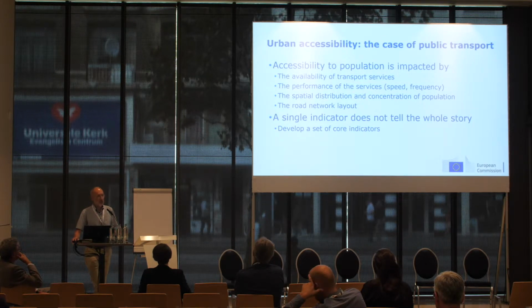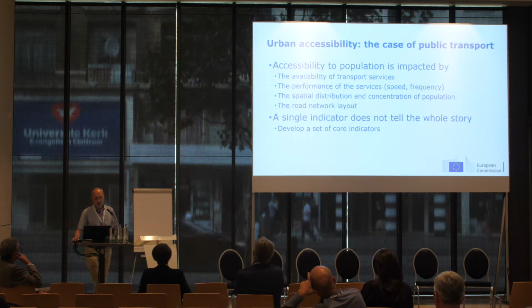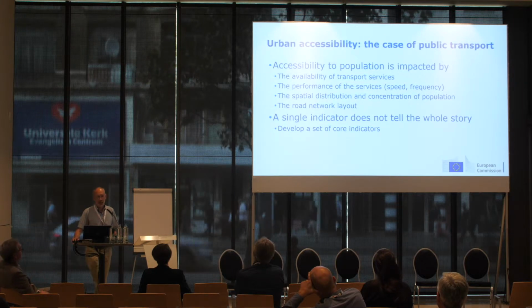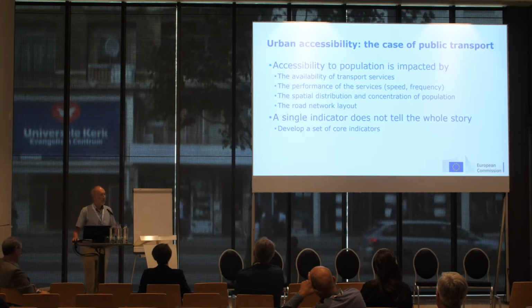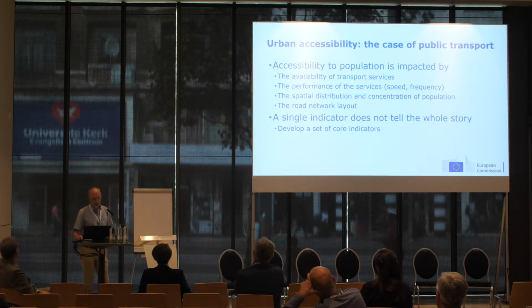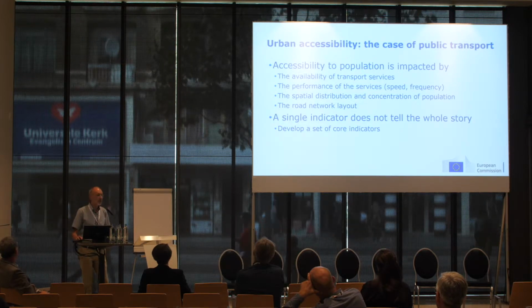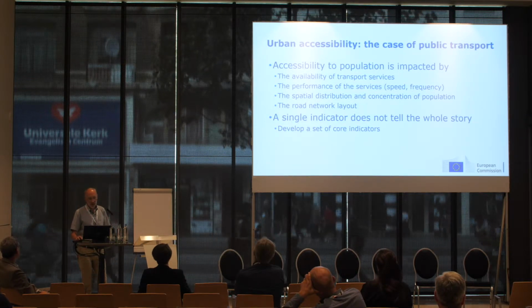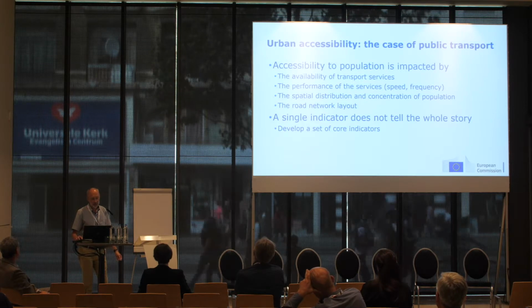So for that reason, we have tried to develop a set of core indicators that each of them inform about a particular aspect of the availability of the services and the related accessibility.